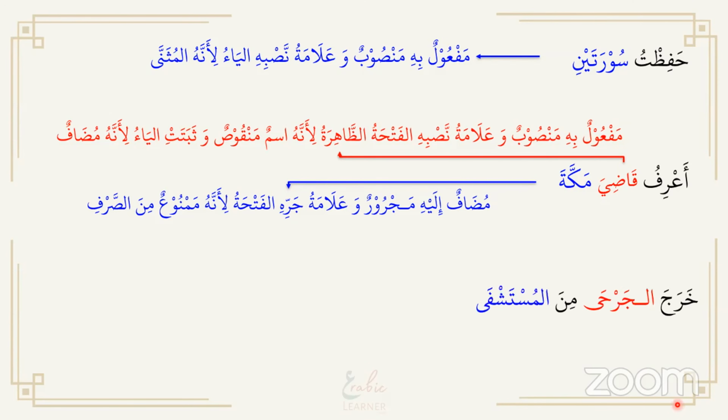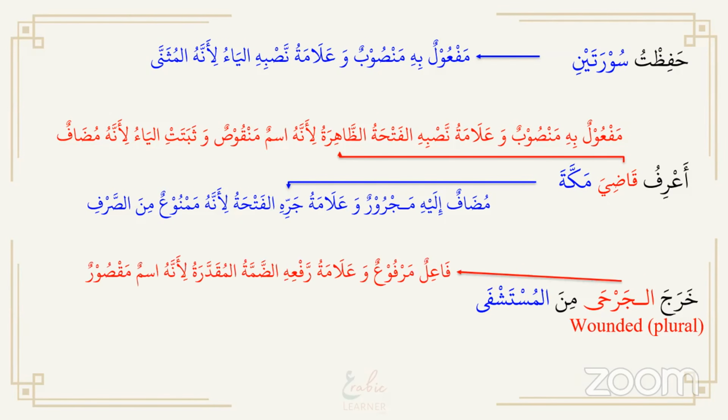Clear? Kharajal jarha. Jarha means wounded, plural. Min al mustashfa. So how will you describe jarha? It is fa'il. So you'll say fa'ilun marfu'un wa alamatul raf'ihi al-dammatul muqaddaratu li'annahu ismun maqsurun, because it ends with alif.